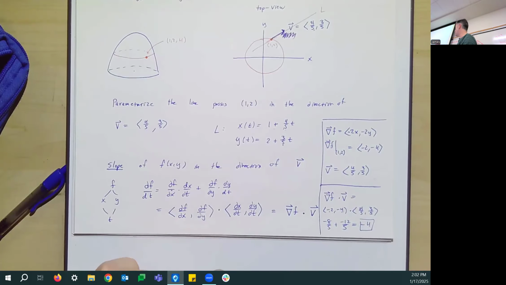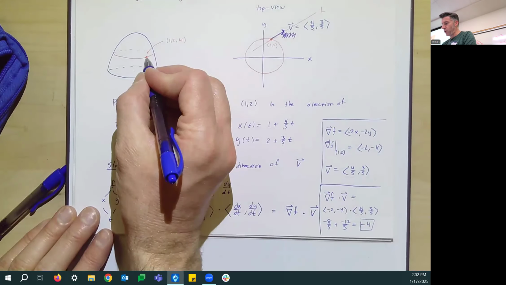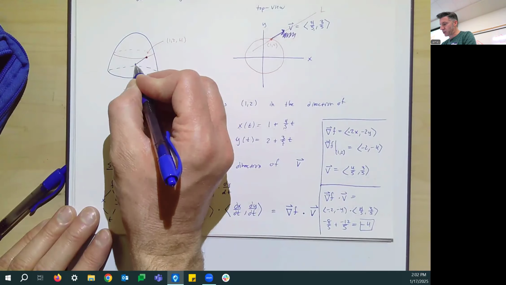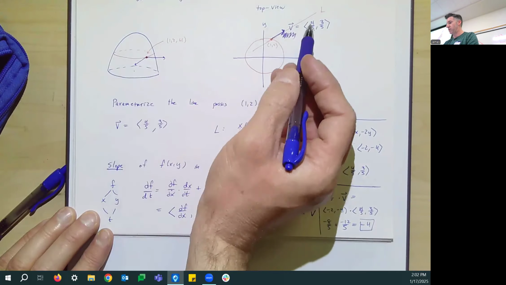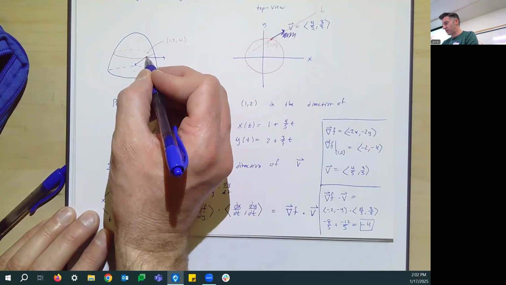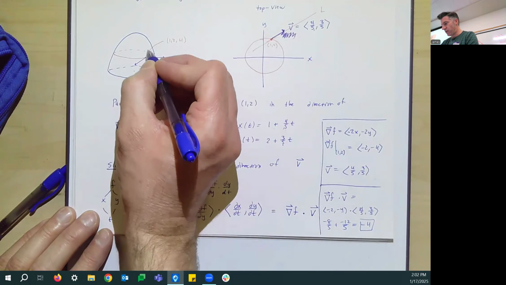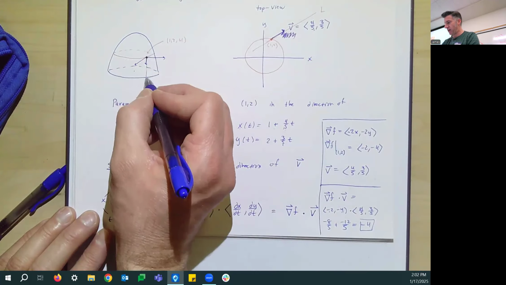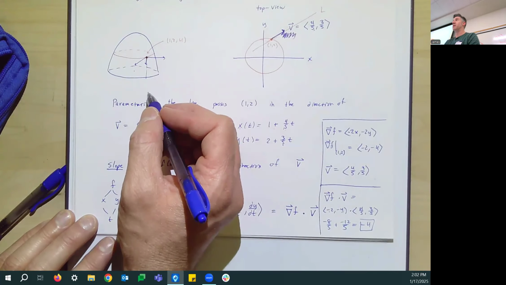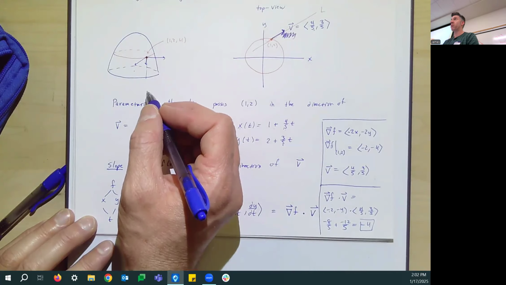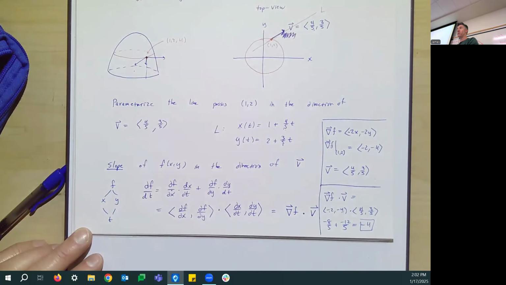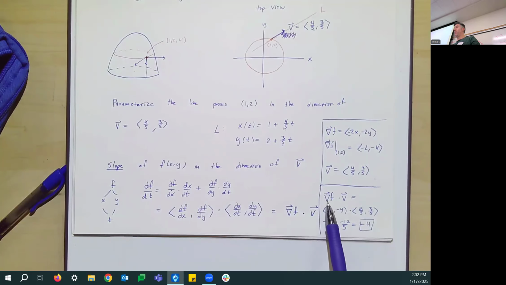And what that tells us is that from this point, instead of moving in either the x direction or the y direction, if we move in the direction of the vector 4/5, 3/5, which is kind of like that way, if you move down the mountain, your slope is negative 4. If you move from that point in that direction. That's what the directional derivative tells you. It tells you the slope of the surface from a certain point in a certain direction. And you calculate it by just finding the dot product of the gradient with the directional vector.